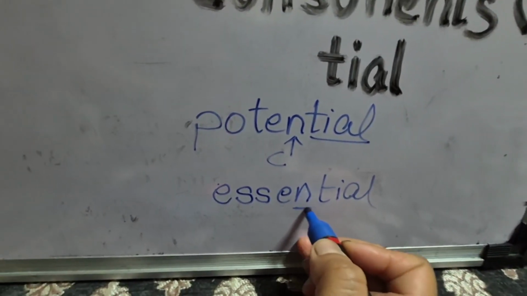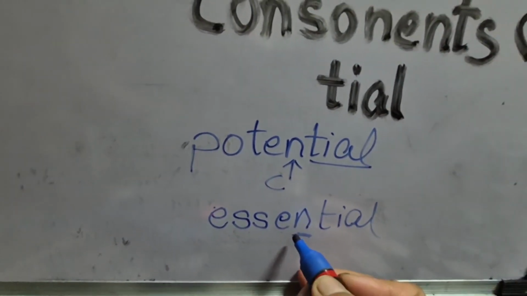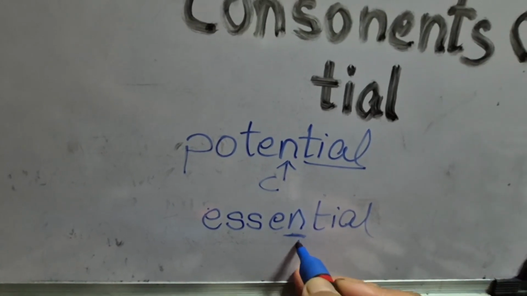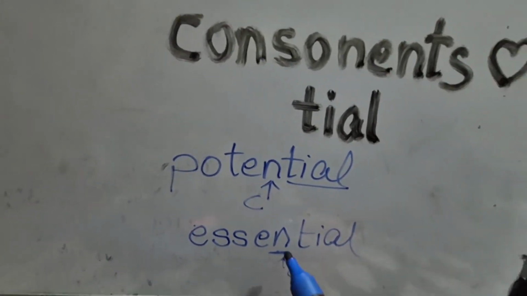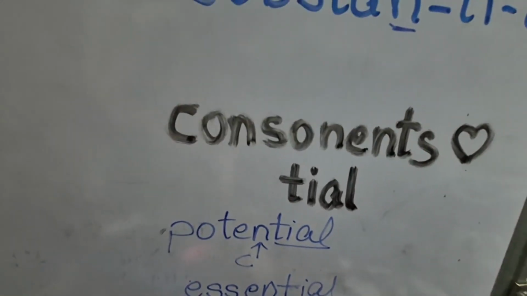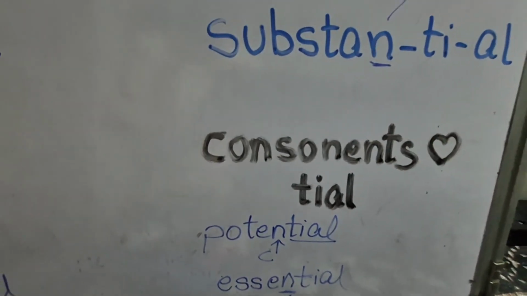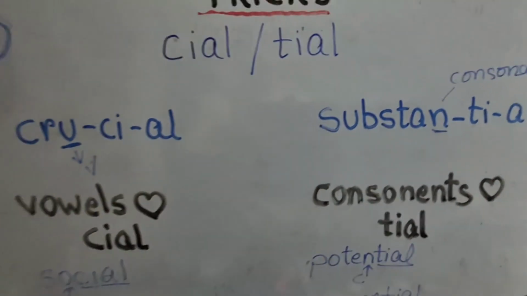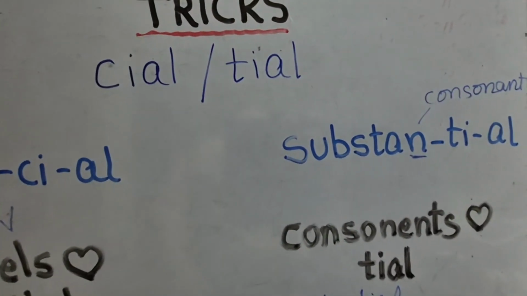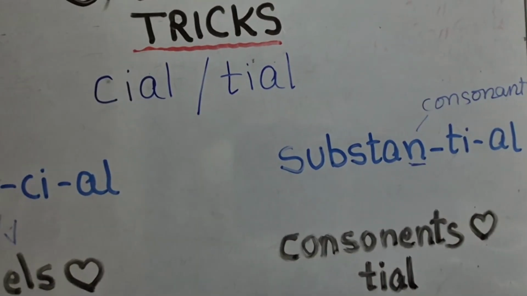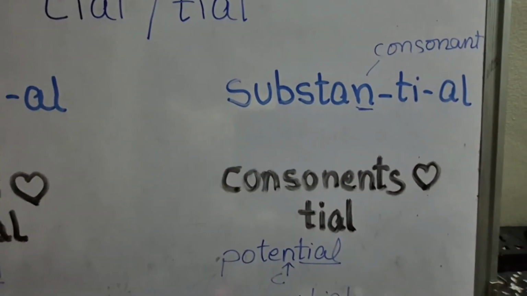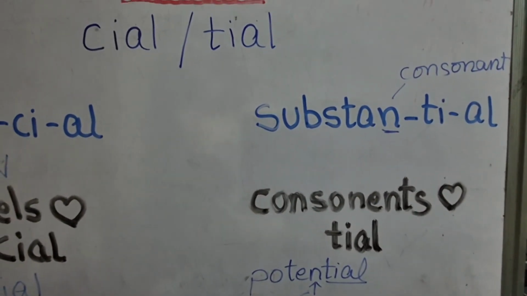Here base word is essen. Okay, it's ending with N. It's a consonant. So we can add TIAL to it. So remember the rhyme. Vowels love CIAL, that is the way, and consonants love TIAL every day.